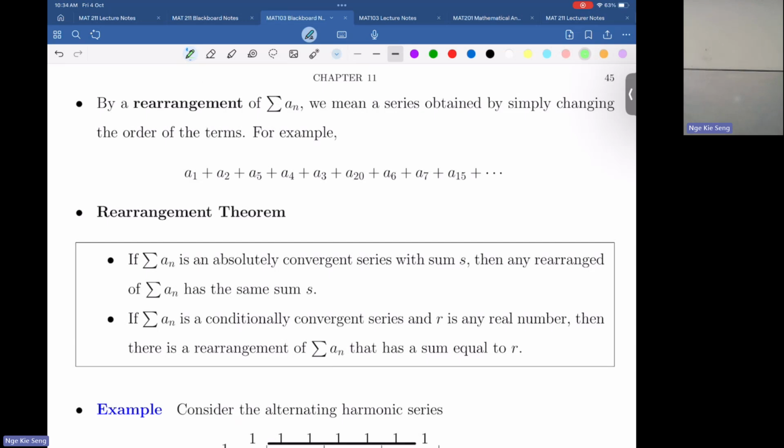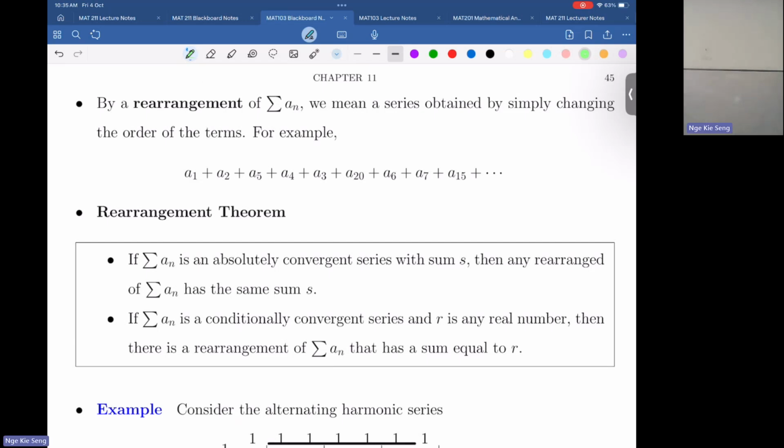He says that if an is conditionally convergent, you can pick any real number, and you can do something very cheeky. If you rearrange your an, you might get the sum equals r.